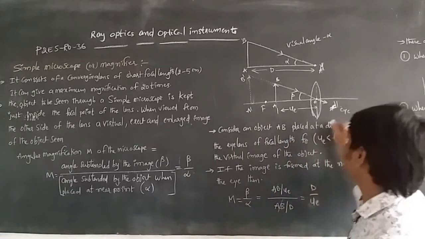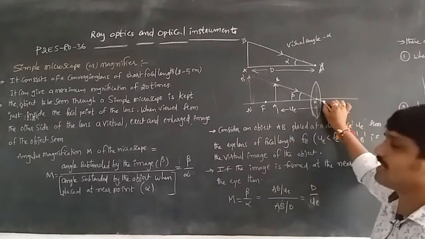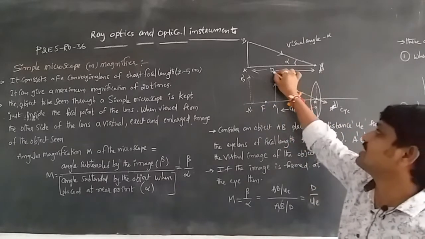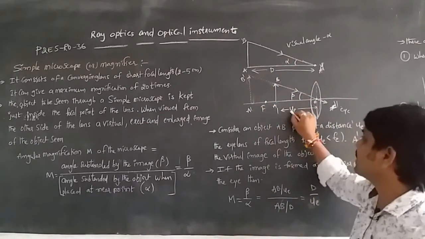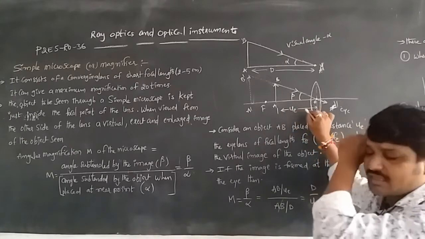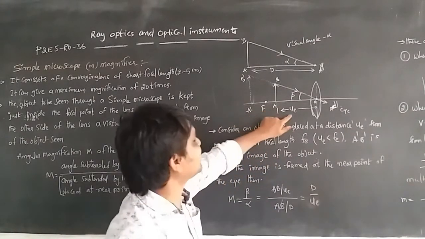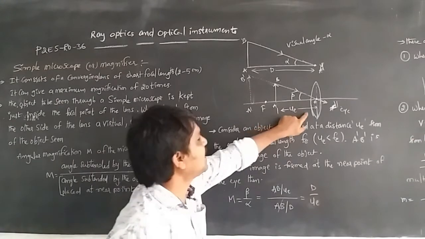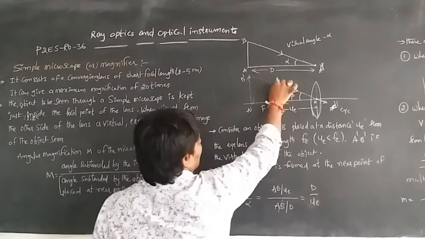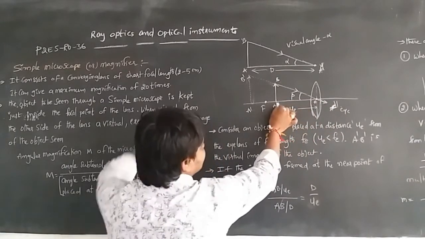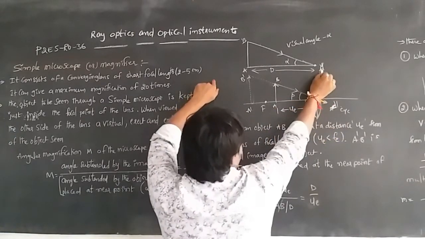When the eye is taken near to the lens, the image can be seen at the distance of distinct vision. Consider AB, the object, placed at a distance u_e from the eye lens.